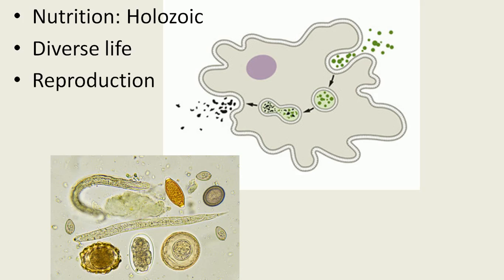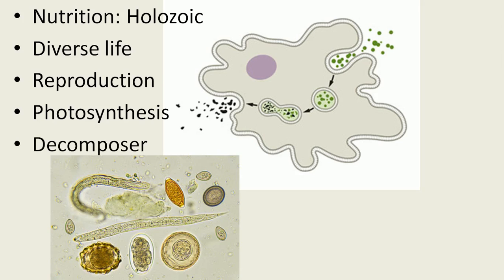Reproduction: the protistans follow two types of reproduction, sexual and asexual. Then some groups of protistans have the ability to synthesize their own food materials. They have the chlorophyll pigment, which means a photosynthesis mechanism is also found in these organisms.